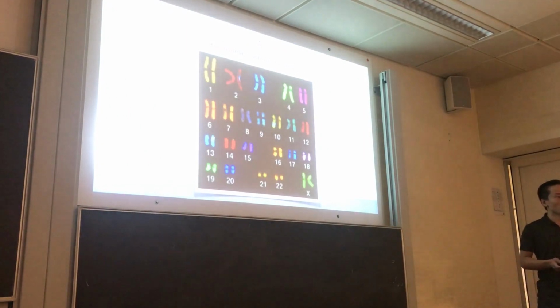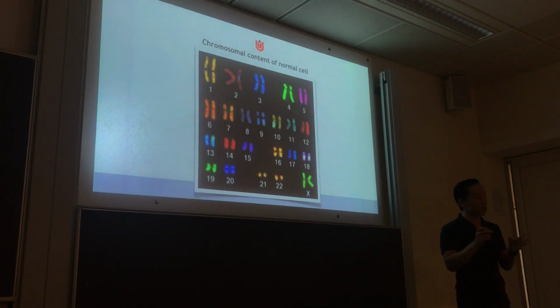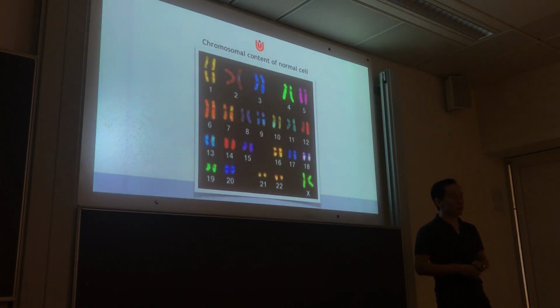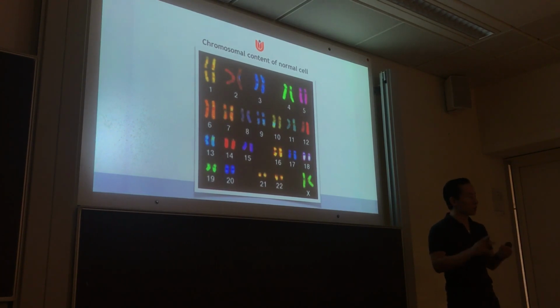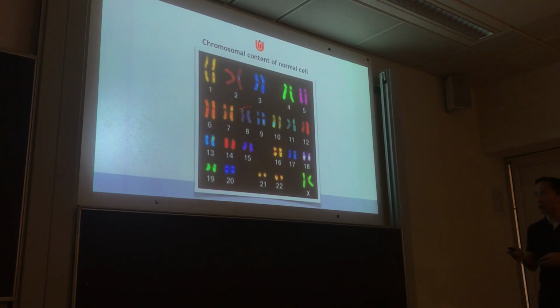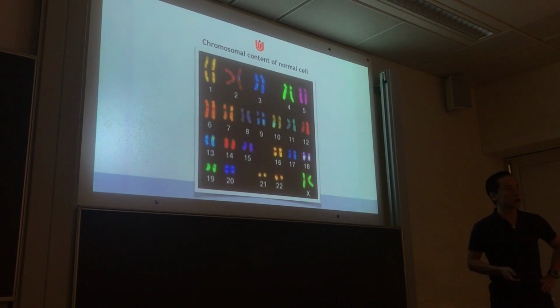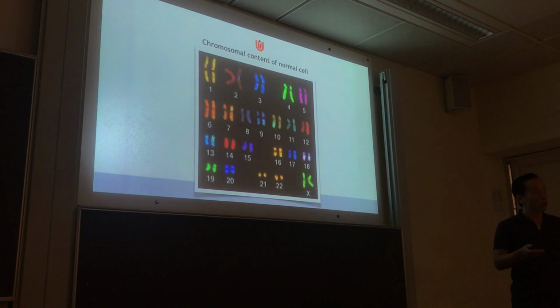This is what we used to do quite a number of years ago, where we colored all these molecules, made a picture out of them, and actually took scissors and glue, cut them out of the picture, and then tried to put them together and see if we actually had a pair of each chromosome. Well, quite laborious and quite Stone Age, but still a very nice representation of what a normal genome should look like.